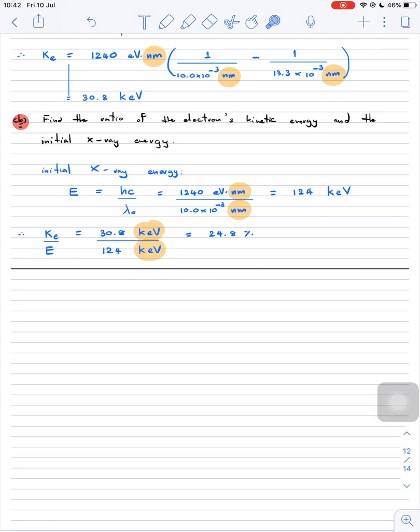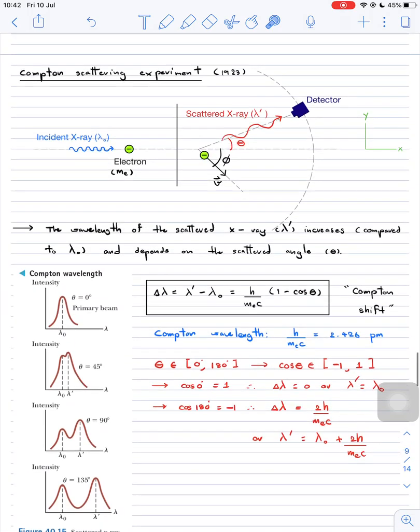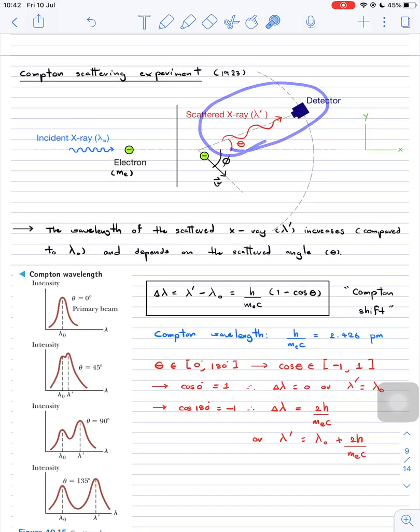It means that the kinetic energy of the electron takes about 24.8% of the initial energy of the photon or the X-ray, and the remaining energy goes to the energy of the scattered X-ray.